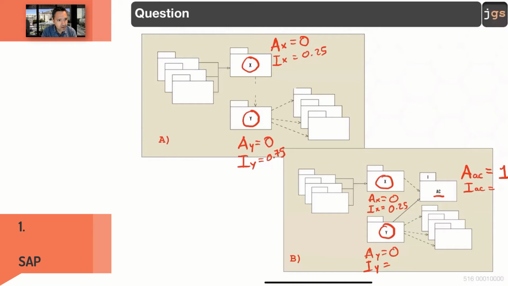Instability for the Y: I have these 4 outputs and no inputs. No inputs, remember? The direction, the inheritance is out. So yes, 1. What about the instability for AC? 2 inputs, no outputs, 0.